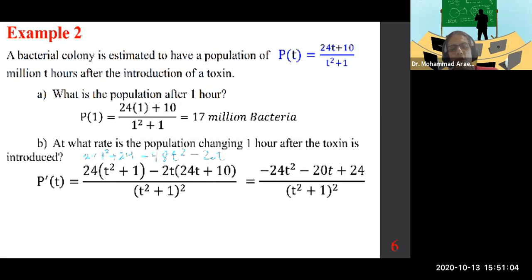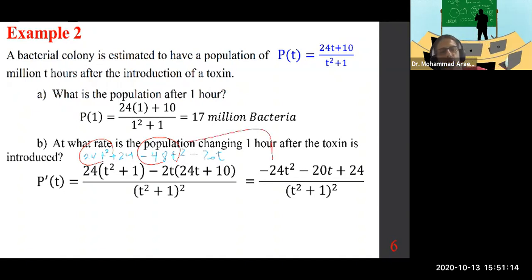You get negative 24t squared because these two add up to negative 24t squared. If you put them in descending order, minus 20t plus 24. And so now what? You plug in number 1 and you have your answer.